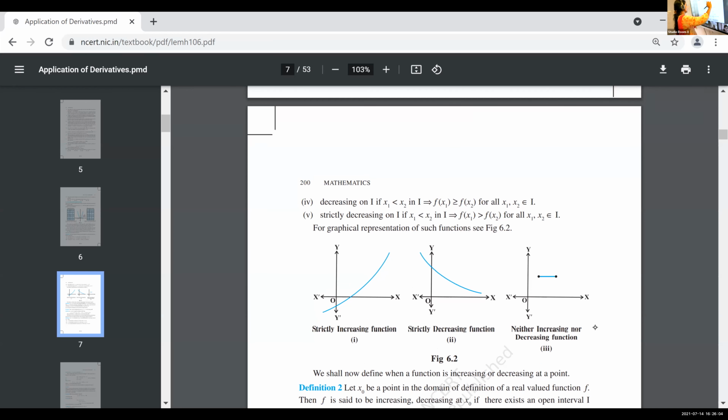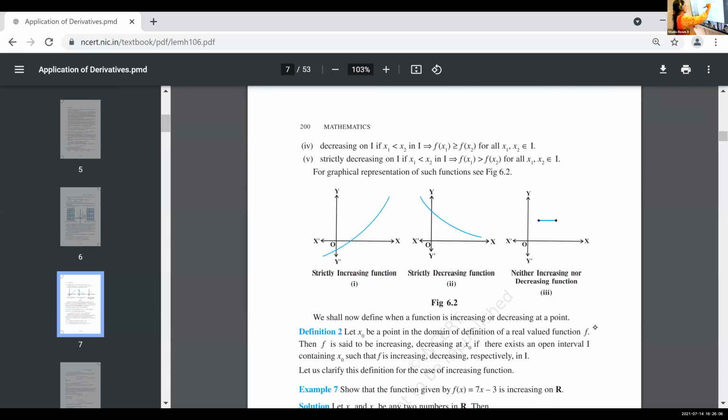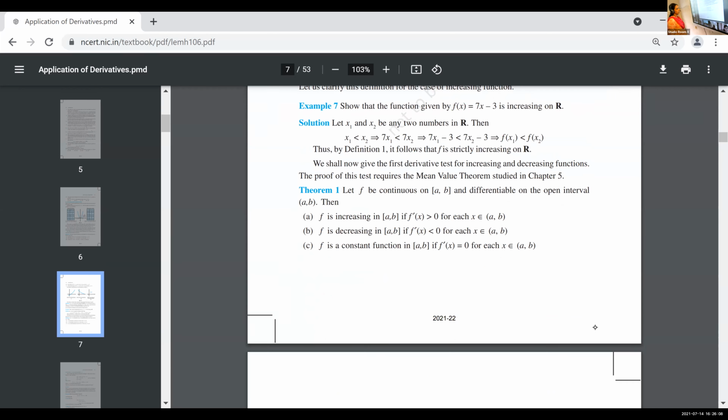Now look here. Again, it is given in the textbook. Underline this point and learn the definition. Let f be a continuous function. If it is continuous only then we can say whether it is increasing or decreasing. If it is not continuous, we can't decide it. So let f be continuous on the closed interval [a, b], and f is differentiable on the open interval (a, b).